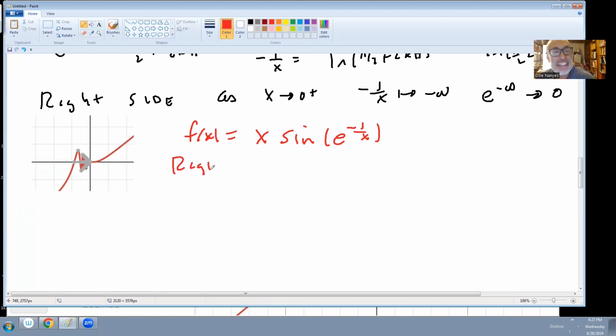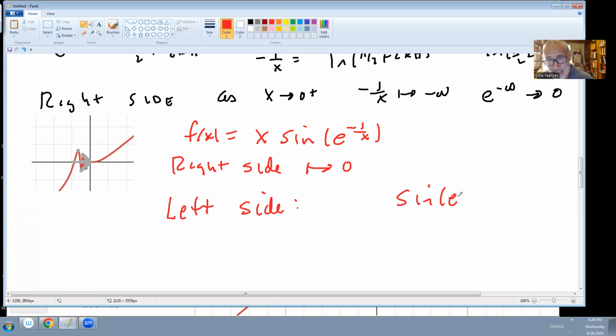Now, on the right side, it still goes to 0 for the same reasons. But on the left side, what you see here is that sine of e to the minus 1 over x is always between 1 and negative 1. Then if you multiply through by x, but keeping in mind x is negative, so we have to change this. This is minus x and x.